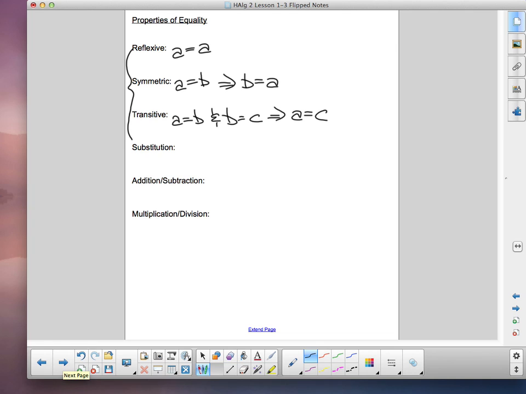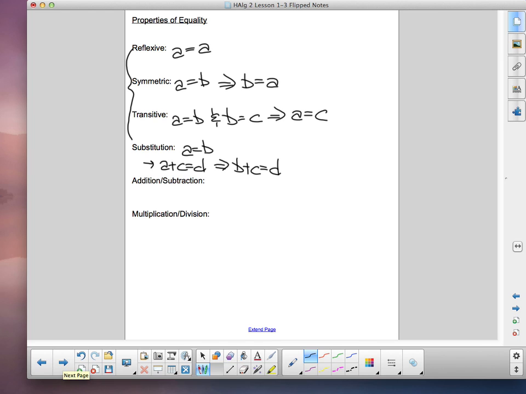Okay, and substitution is when two things are equal, we can plug that in to another equation. So for substitution, we can say something like if A equals B and we have the equation A plus C equals D, we can rewrite that as B plus C equals D. Again, because we just substituted B in for A. They're equal, they're the same.